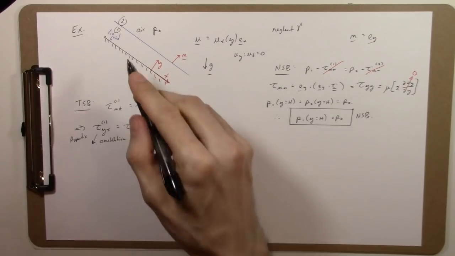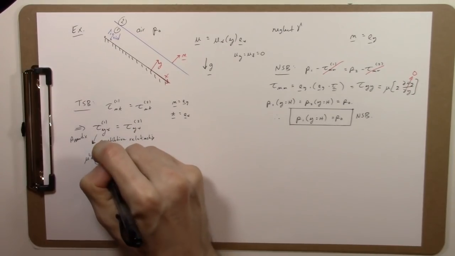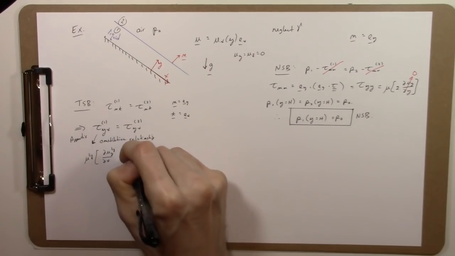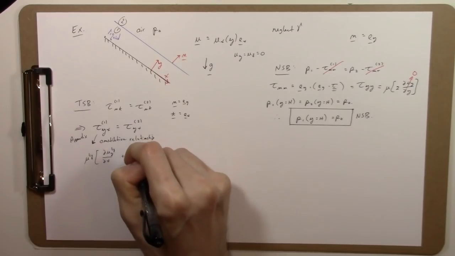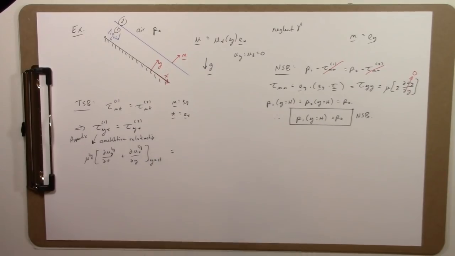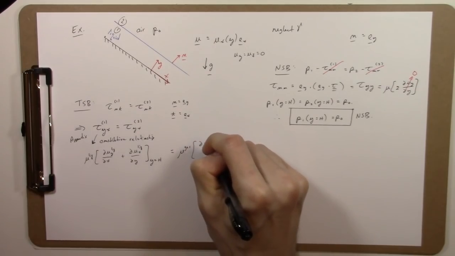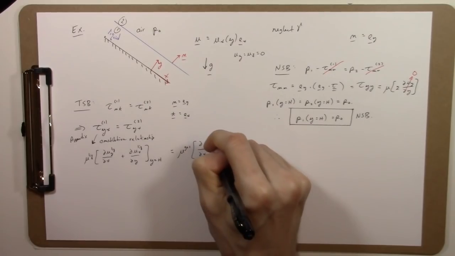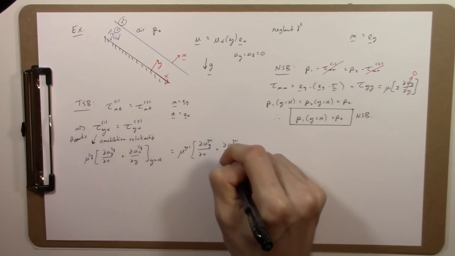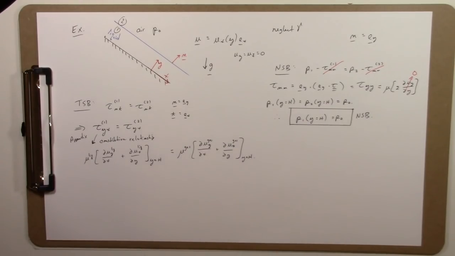We find that tau yx, 1 is the liquid, so we get mu liquid times duy liquid dx plus dux liquid dy, evaluated at the interface, which is y equals h, and that's equal to the same thing written for the gas, mu gas times duy gas dx plus dux gas dy at y equals h.